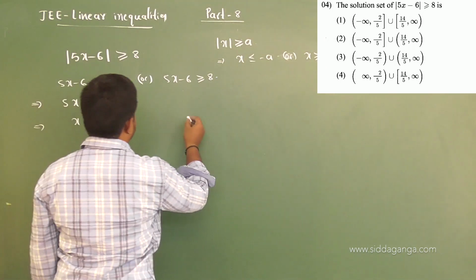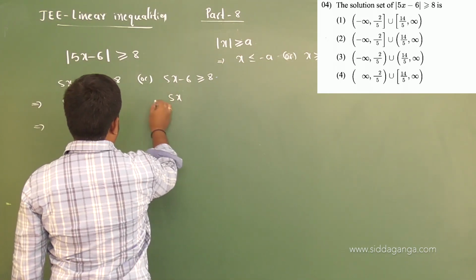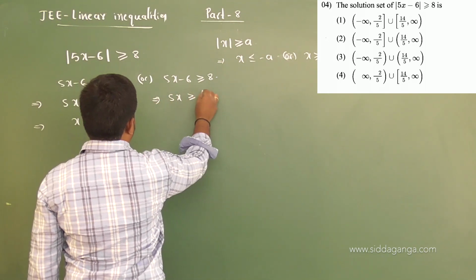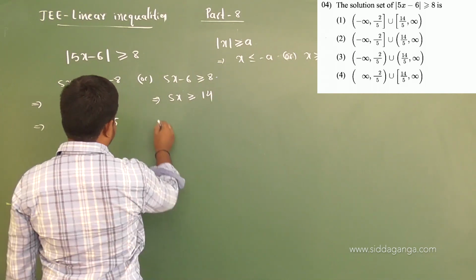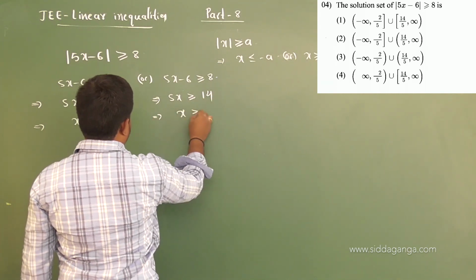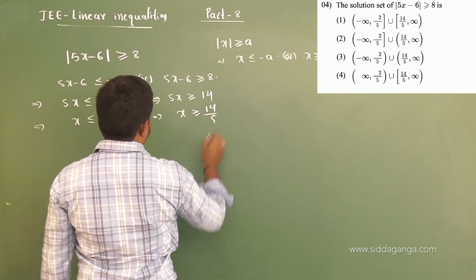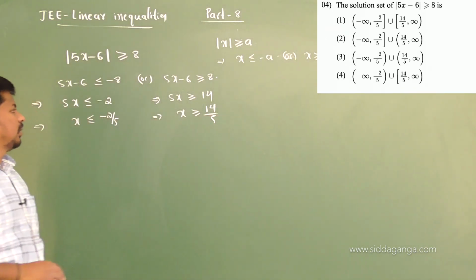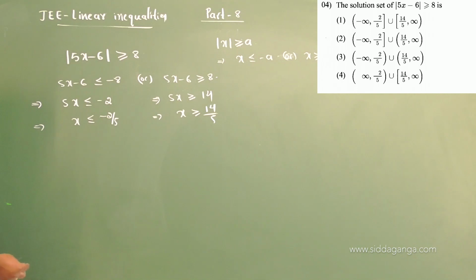In this case I am adding plus 6 on both sides. You get 5x is greater than or equal to 8 plus 6, 14. This gives x is greater than or equal to 14 by 5, by dividing by 5 on both sides.